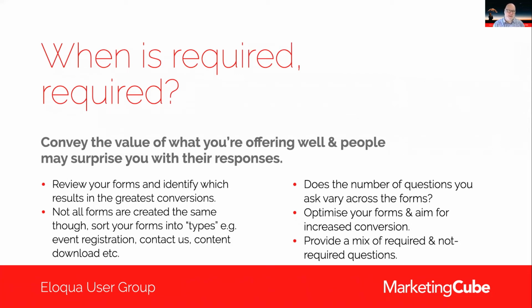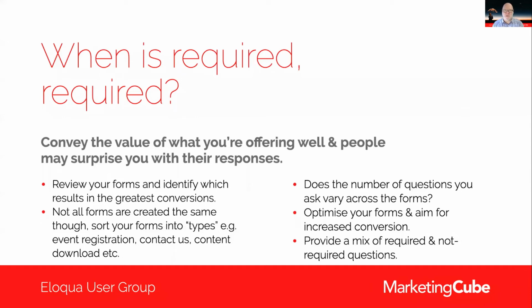Because they can see all the form submissions across all clients using Eloqua, it's quite easy for them to work out which are the most effective and narrow it down, and 7 seemed to be the sweet spot.